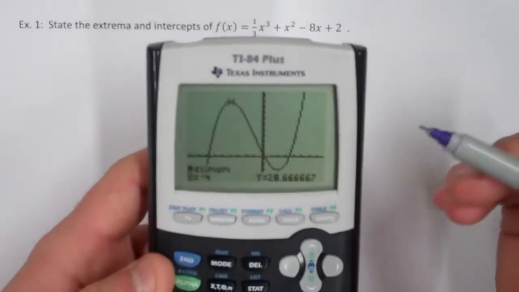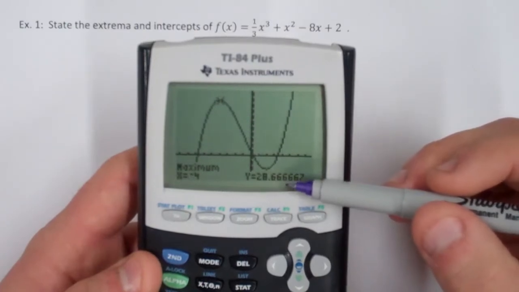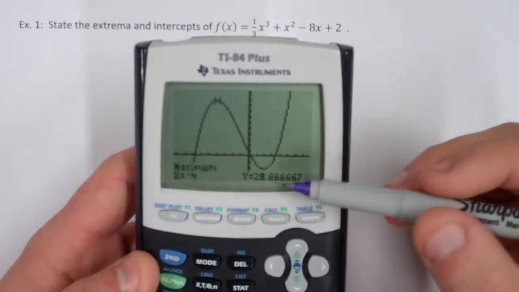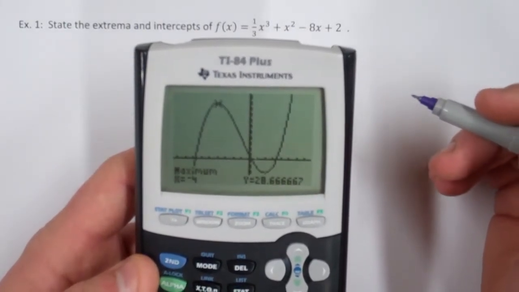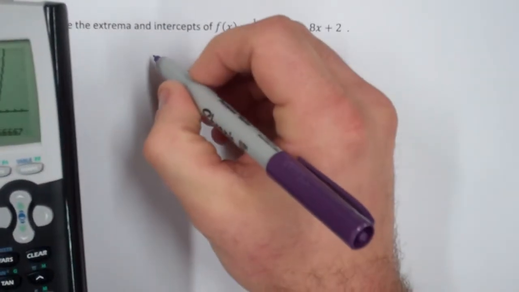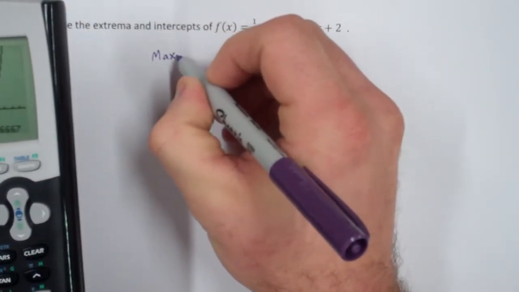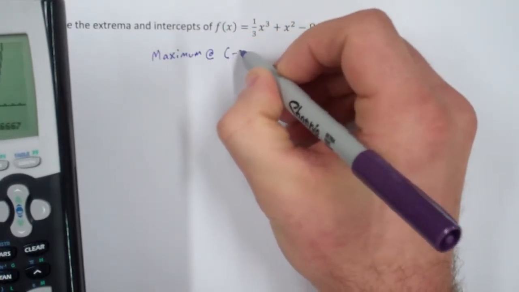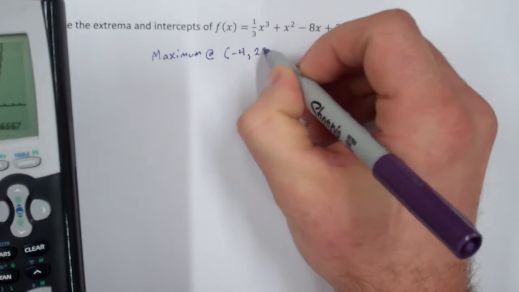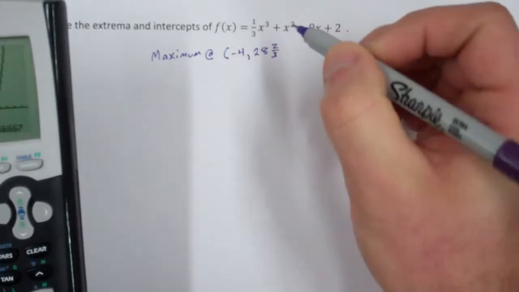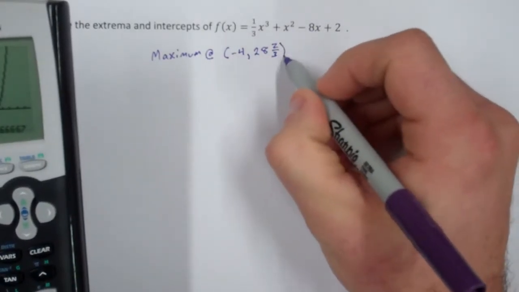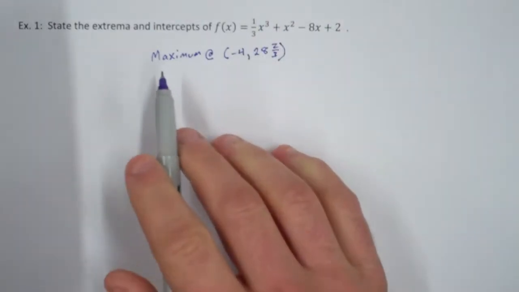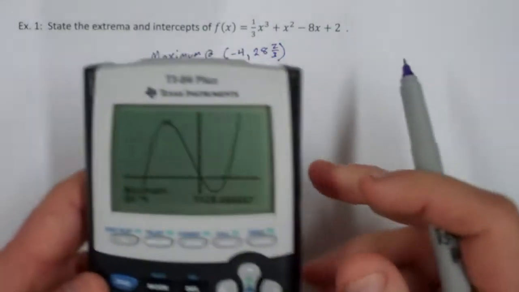So the maximum for this one, and then we want to list also the y value is 28.6 repeating, or 28 2/3. So we're going to list this as a maximum at -4 and 28 2/3, and you could do 28.6 with a little bar over it, that's fine. We also want to classify what kind of maximum this is.